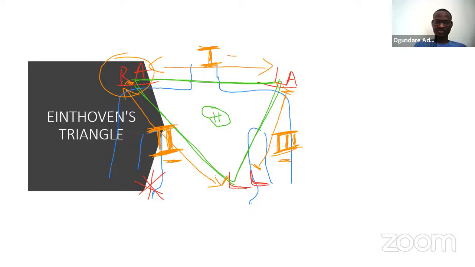So if you draw a line from this right arm to the heart itself, the potential difference between the right arm and the heart is what shows as the AVR.